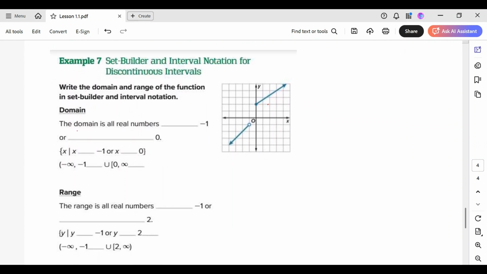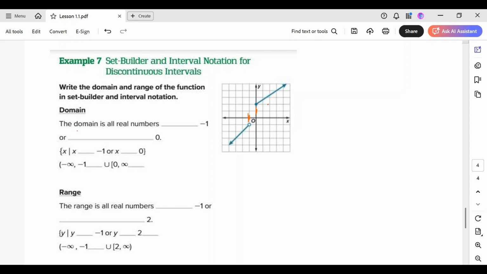In example 7, they want us to do set builder and interval notations for discontinuous intervals, so where there's breaks. So they want us to write the domain and range of a function in set builder and interval notation. When we look at our domain for the first graph, notice that there is a break here at -1, and then we see it again picking up at x equal to 0.